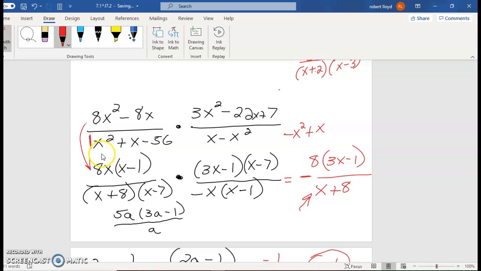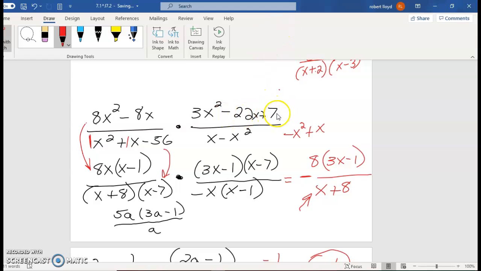We don't have a number in front of the x squared greater than 1, so we can go right into factoring. So x and x make our x squared, and then the two numbers multiplied give us negative 56, and added give us positive 1, or positive 8 and a negative 7. So we have that one factored.